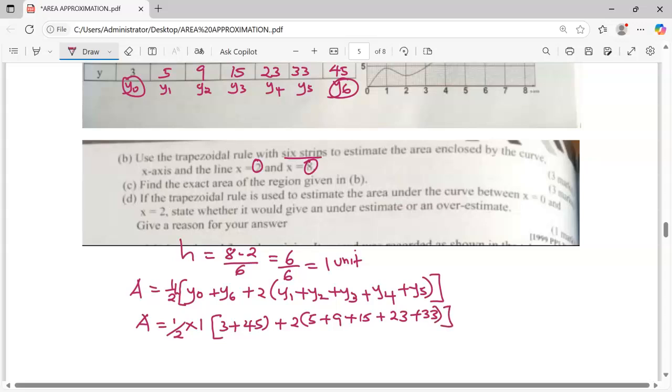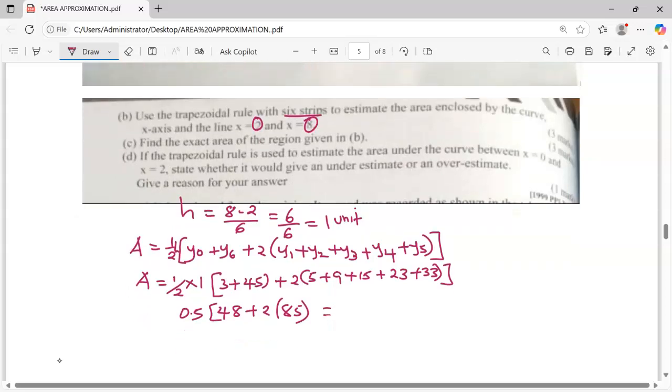This one will give us half of 1 is 0.5 into 3 plus 45 is 48 plus twice into 5 plus 9 plus 15 plus 23 plus 33, which will give us 85. That means we are going to have 0.5 into 48 plus 85 times 2, which will give us 170.